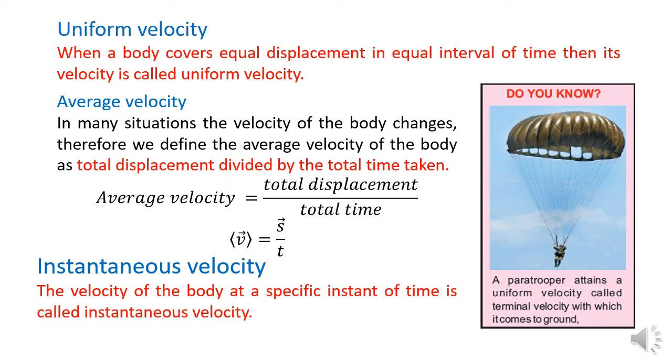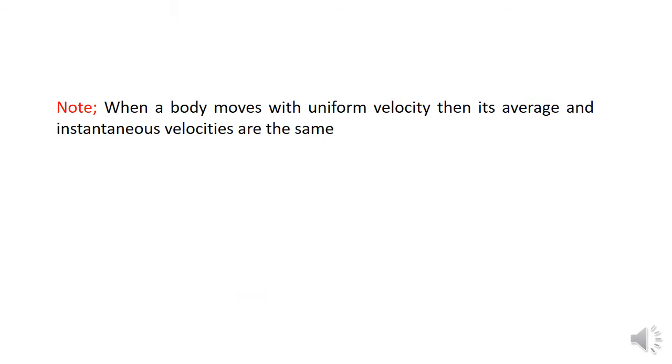When the velocity of the body changes and we want to define the velocity of the body at a specific instant, then that velocity is called instantaneous velocity. Note that when a body is moving with uniform velocity, then its average and instantaneous velocities will be the same.